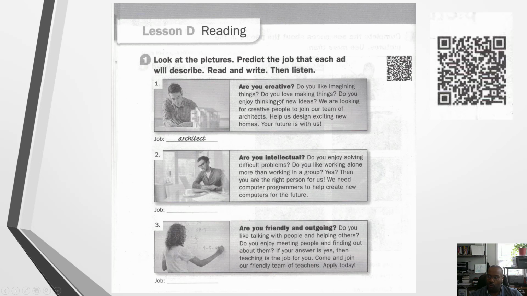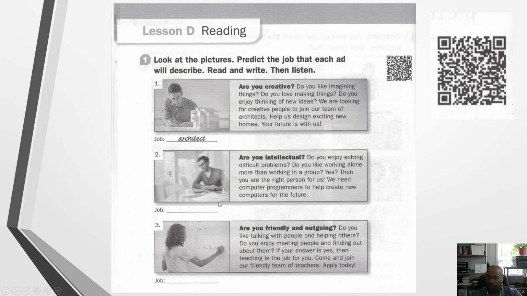Do you enjoy thinking of new ideas? We are looking for creative people to join our team of architects. Help us design exciting new homes. Your future is with us. The job is architect.